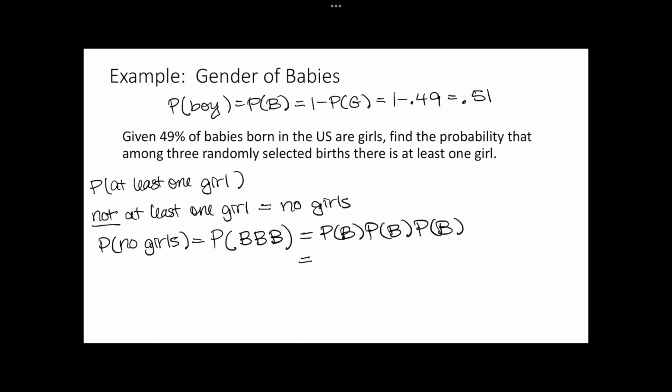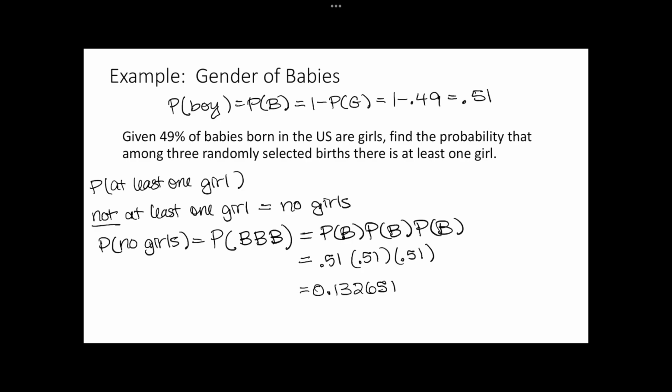So I'm going to multiply here 0.51 times 0.51 times 0.51. That's going to give you, let's plug it into the calculator, 0. I'm going to write it all out. 132,651. So that's the probability of selecting 3 boys or no girls.